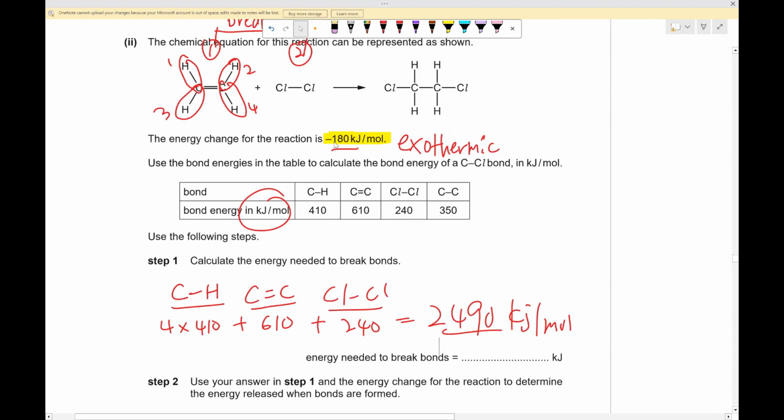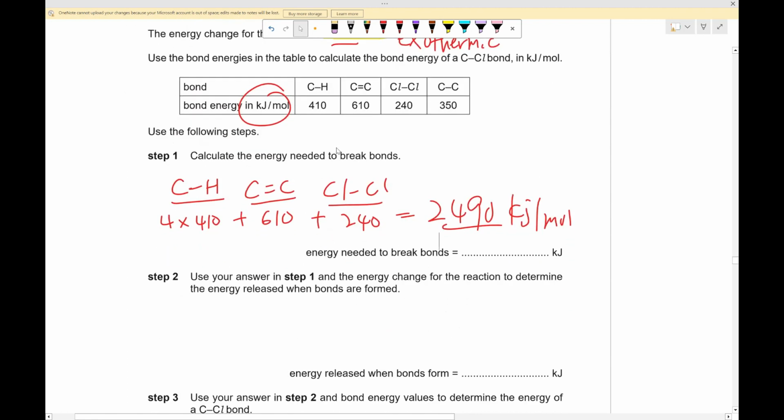So what you need to do is that we will get the bond energy equal to 2490. We need to plus 180.